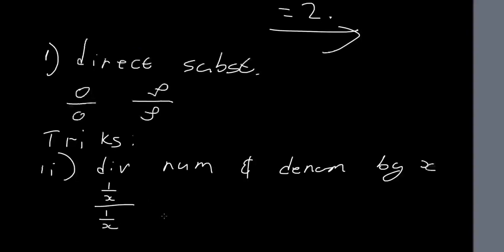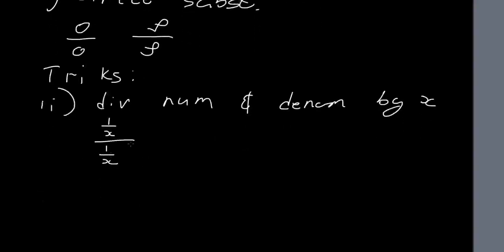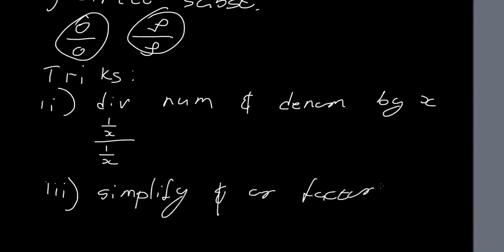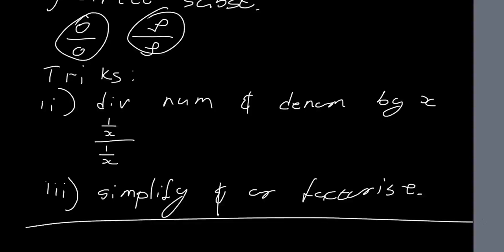And if that still gives 0 over 0 or infinity over infinity, you try your third trick, which is simplify and or factorize, and then you will get your answer, because that is all your syllabus covers. And that's the end of 6.1.